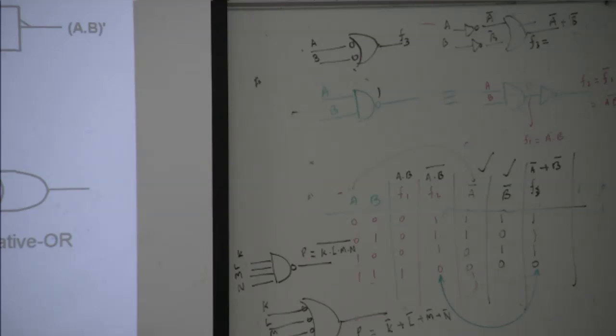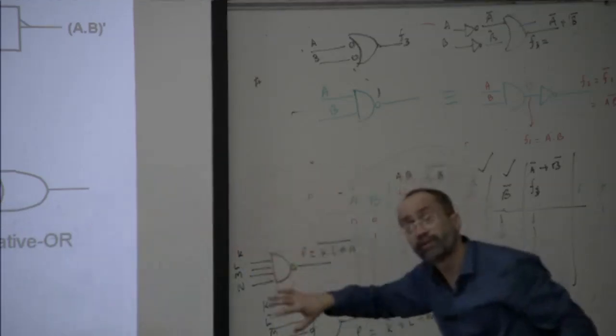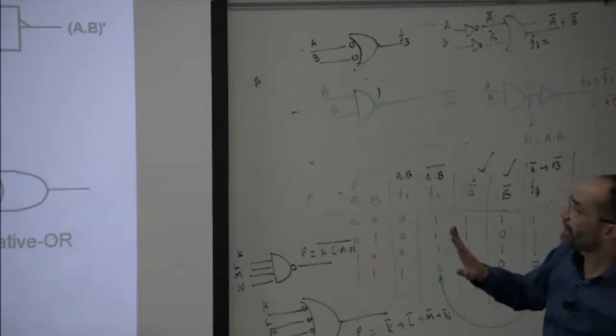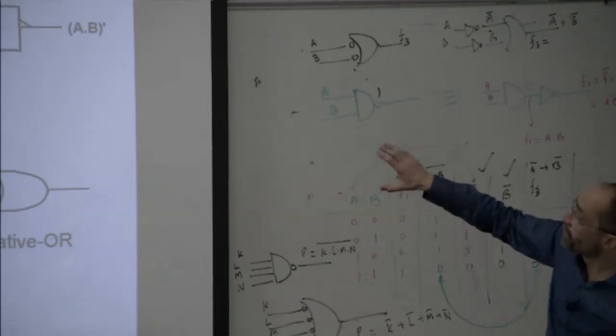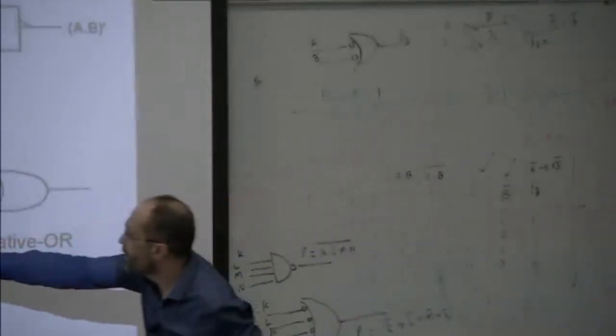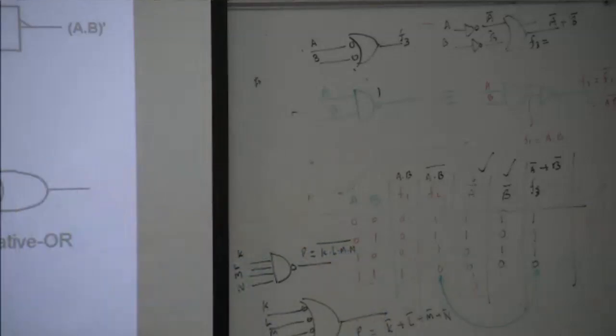Both algorithms are different, but they solve the same problem. So we have two different implementations that solve the same function. You got it now? So a NAND gate is equal to a negative OR gate.